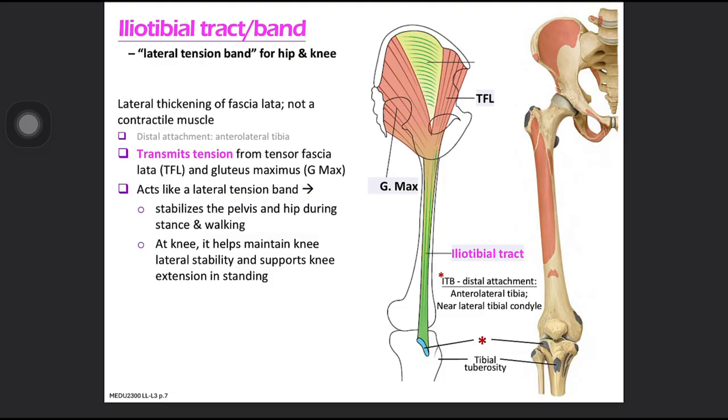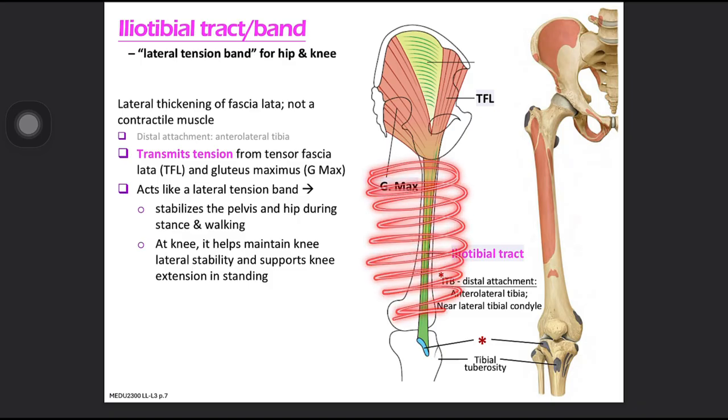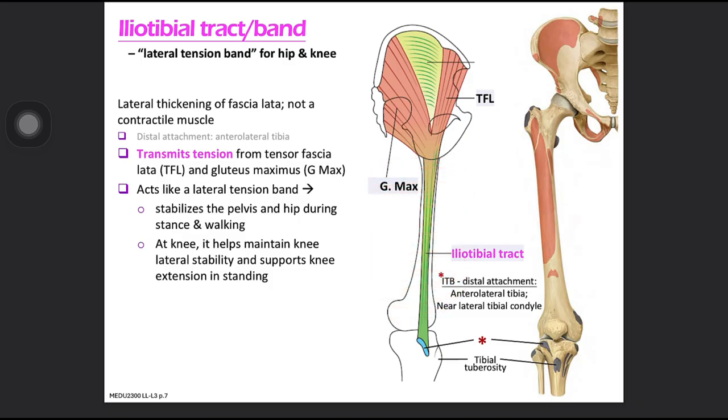So this iliotibial tract, or you can call it an IT band, is a lateral tension band for the hip and knee. It is a lateral thickening of the fascia lata. Remember, we have the fascia lata covering as the superficial fascia, very tough. This IT band is a thickening part of this. It is not a contractile muscle by itself.